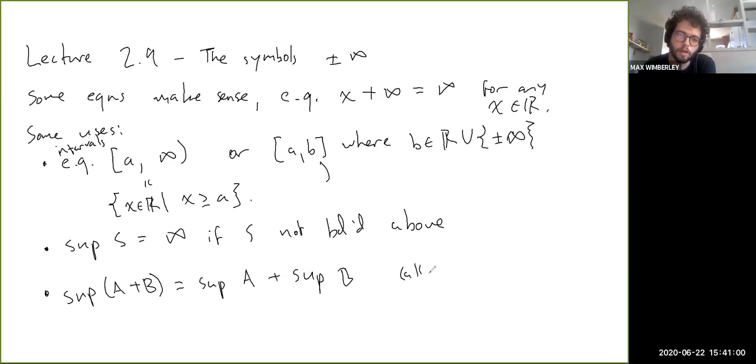So these are all real numbers if both A, B are bounded above.